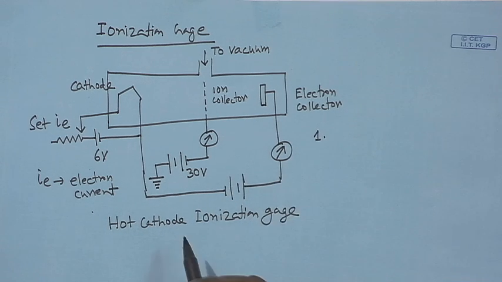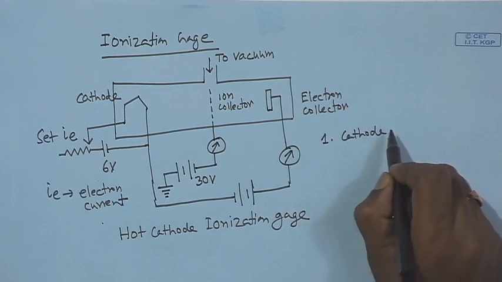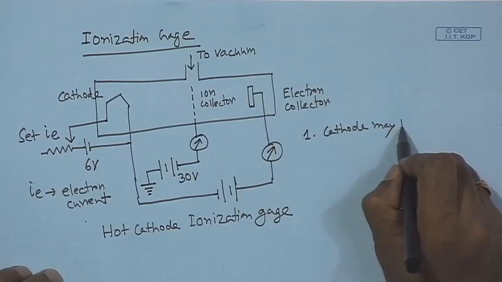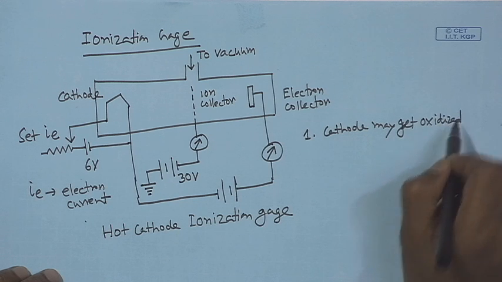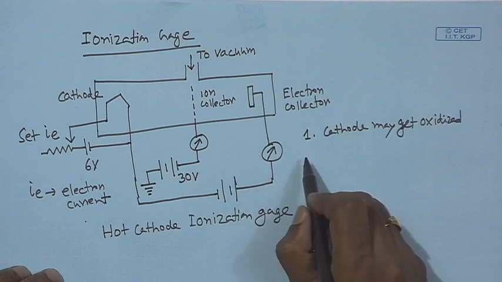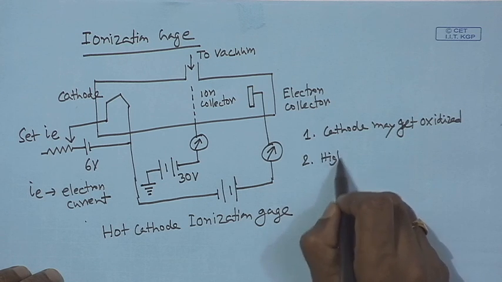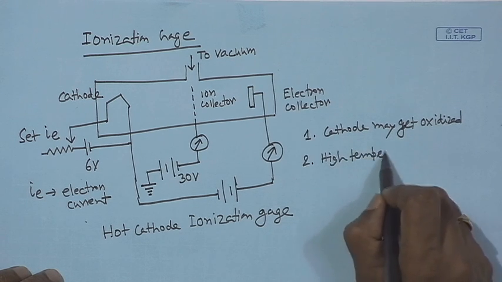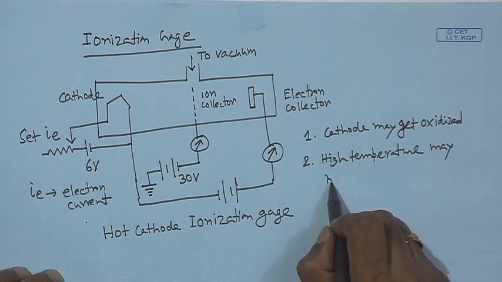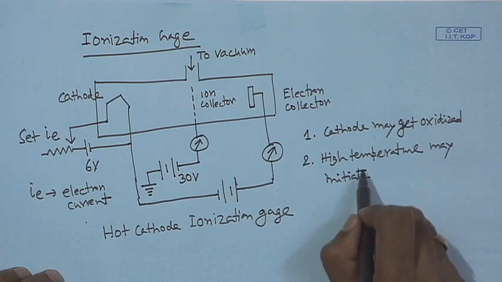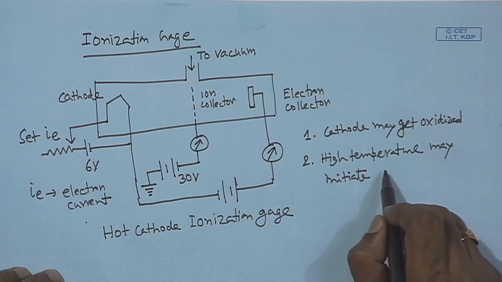Number 1, the cathode may get oxidized. Number 2, high temperature may initiate undesirable chemical reactions.